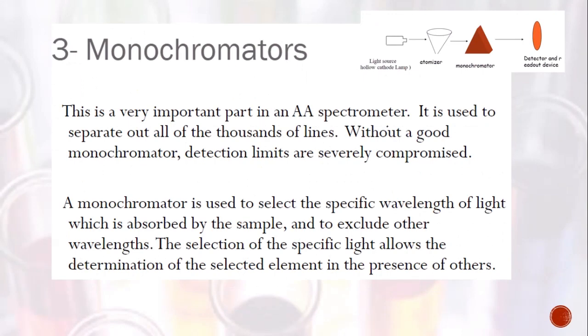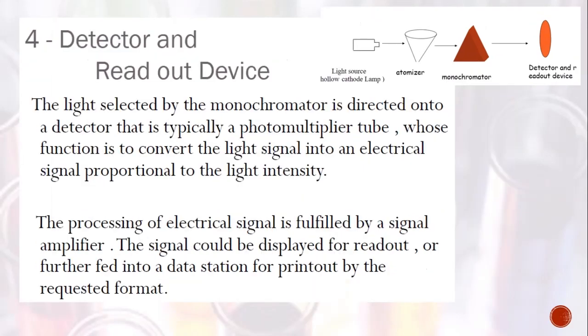The monochromator is a very important part of this particular technique because it is used to separate all the different lines of radiation so that it makes it into one. It selects a specific wavelength of light which has been absorbed by the sample and excludes all the other wavelengths that have not been absorbed by the sample, so that only this is directed to the readout or the detector.